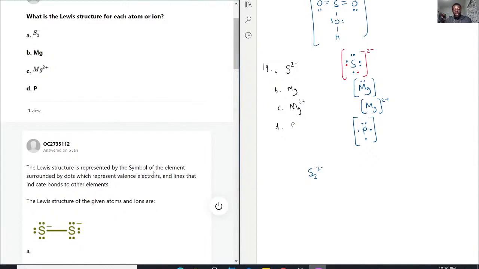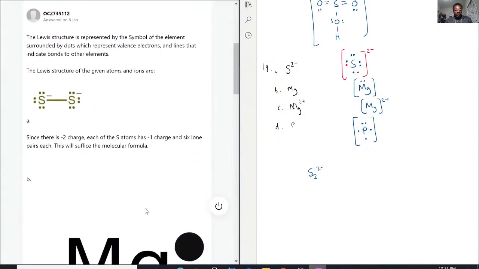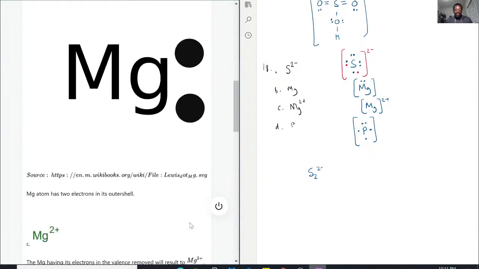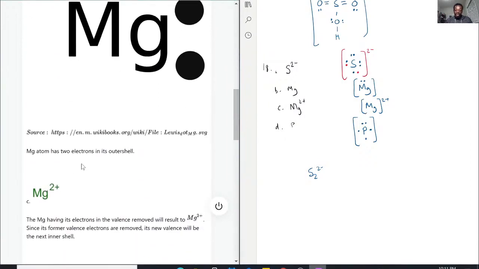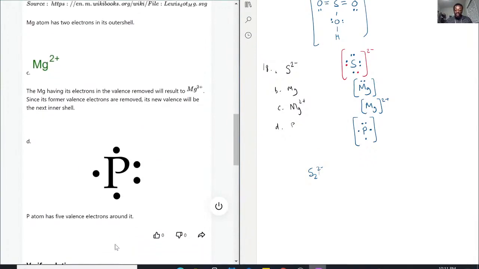So if that's what they're asking for, sure. For B, they just have Mg with the 2 electrons. For C, it's just Mg2 plus, as we've seen. And for D, exactly, we have 3 unpaired electrons for the phosphorus.